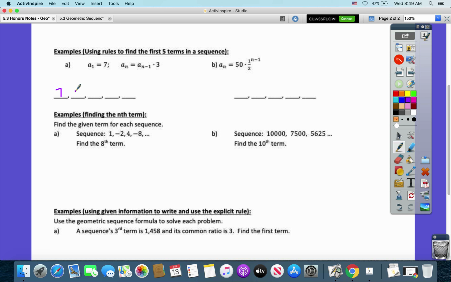So 7 times 3 is 21. 21 times 3 is 63. 63 times 3 is 189. And then the last one, 189 times 3 is 567.